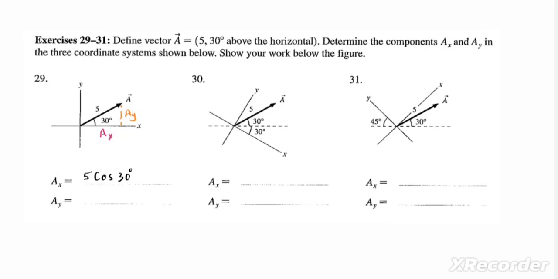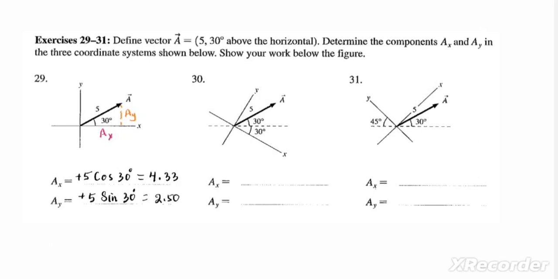Note that cosine is not always the x component, but in this case it is. So this gives us a number around 4.33, and that is positive. And then again for y is positive, and this is 5 sine of 30, which is around 2.50.